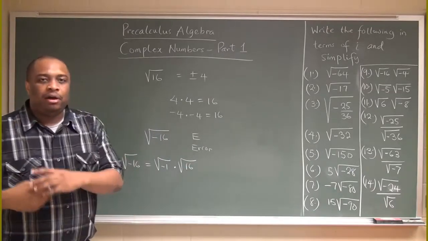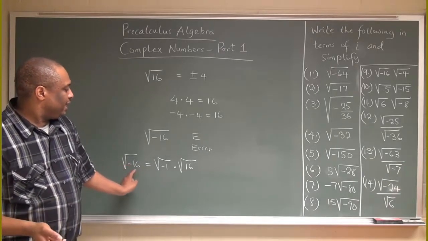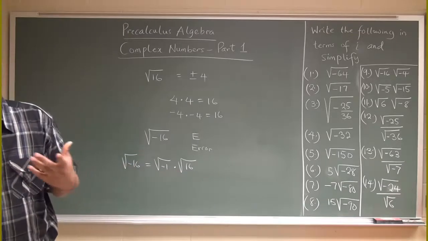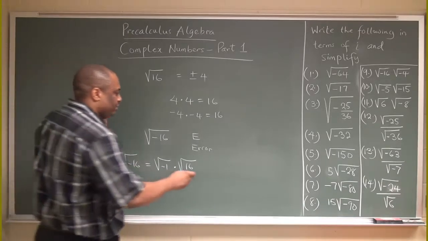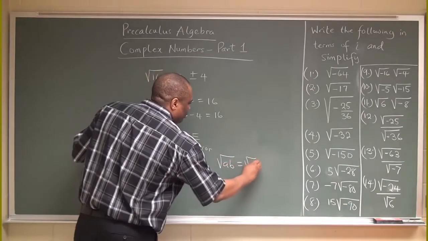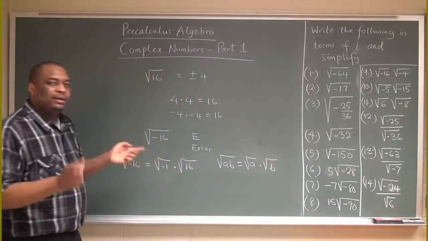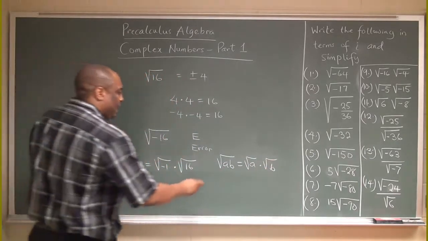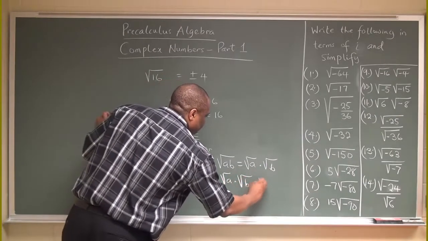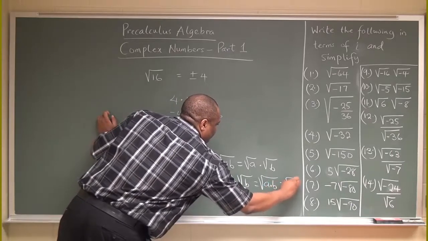Remember, the law of radicals tells us that square root of AB is equal to square root of A times square root of B, and vice versa. Vice versa, meaning that when you have square root of A times square root of B, it will give you square root of A times B, and that is square root of AB.